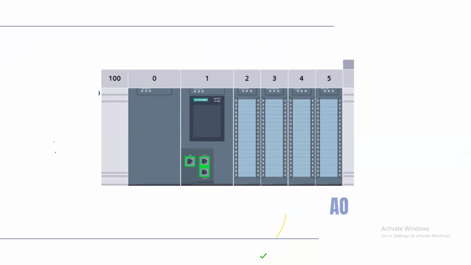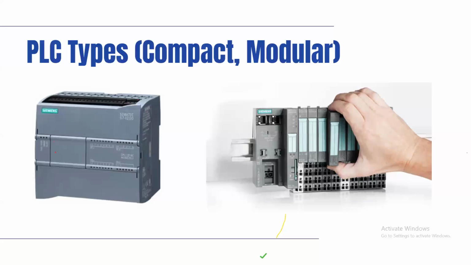The counterpoint to modular PLCs would be compact PLCs, which are similar to having a laptop. In many cases, if your laptop goes bad, you can change the screen, but you will need a special engineer to remove the screen and put it in for you.